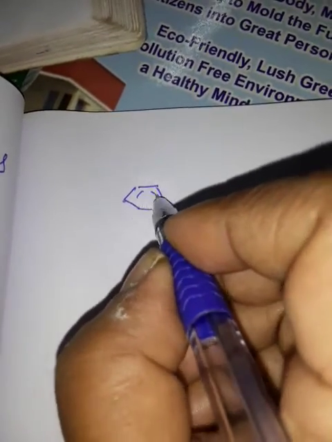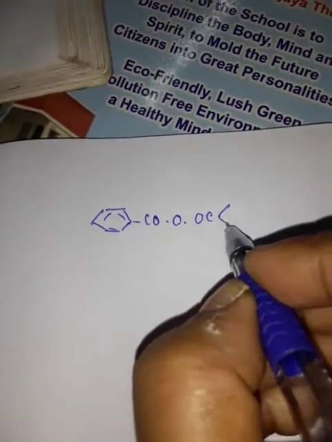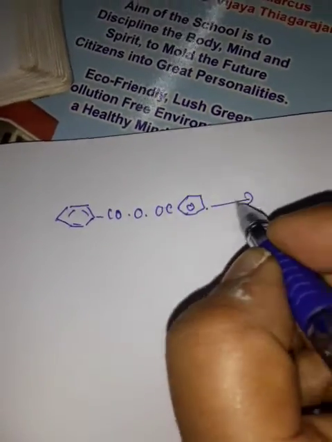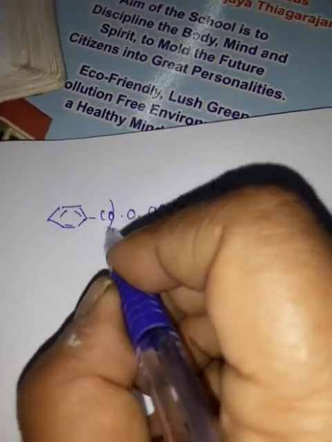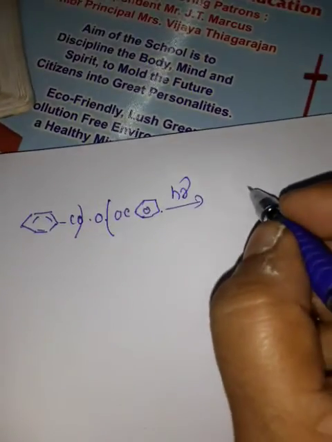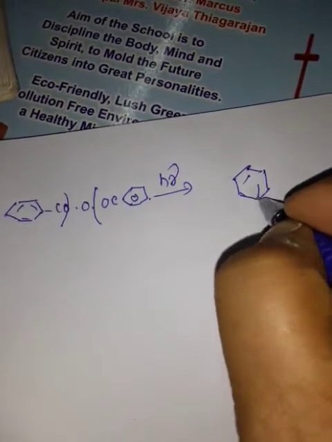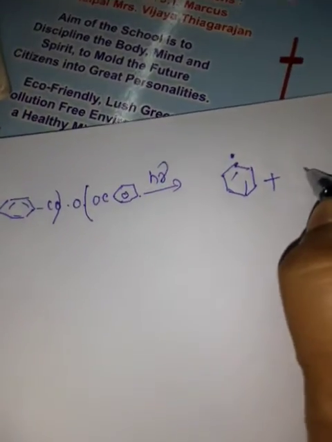For example, in the presence of UV light, the bond breaks here, forming a benzene free radical plus 2CO2.